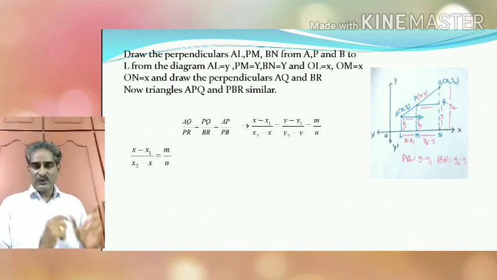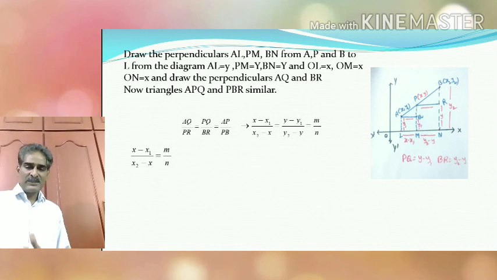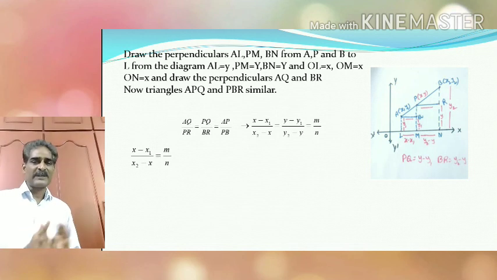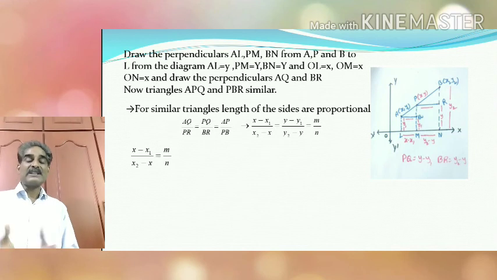So clearly observe the figure. AQ is nothing but LM, and LM is nothing but OM minus OL. Therefore AQ is equal to x minus x1. Similarly PR is nothing but x2 minus x.